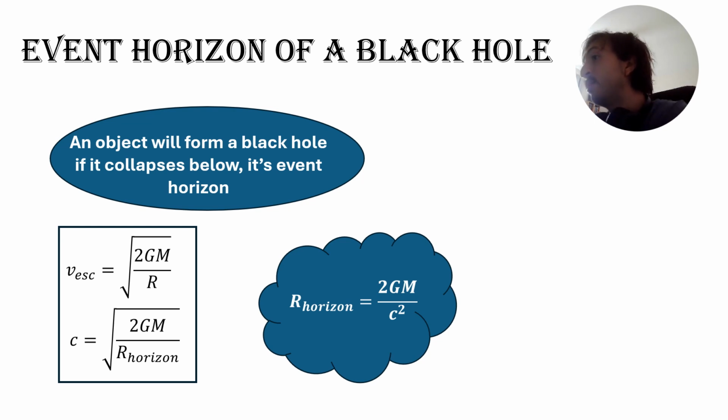However, you could consider a universe where G might be a lot bigger, corresponding to much stronger gravity, and the speed of light might be really, really small in such universes. In which case you could have a very large value for the size of an event horizon, meaning most objects in that universe would possibly be smaller than the event horizon, and therefore would class as a black hole.